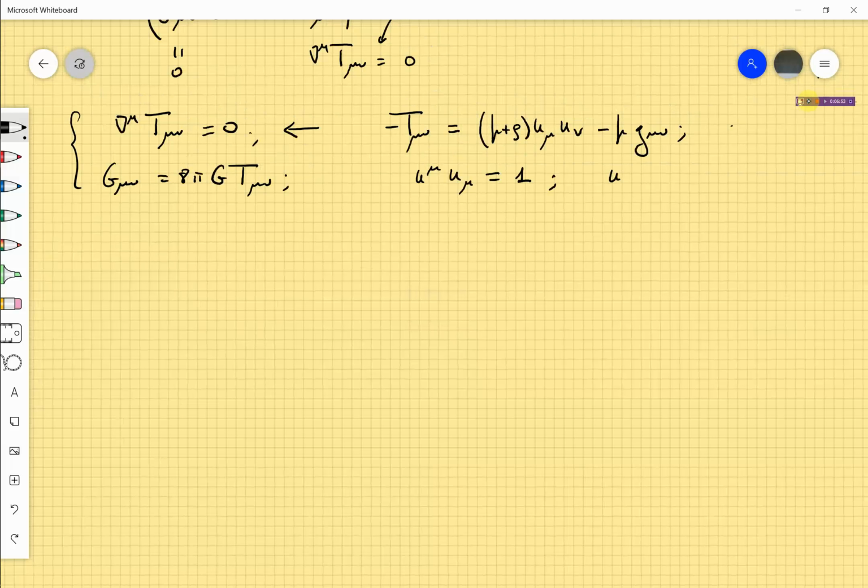If you take the covariant derivative, you will arrive at this identity that this is 0.